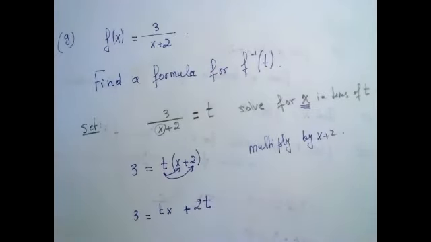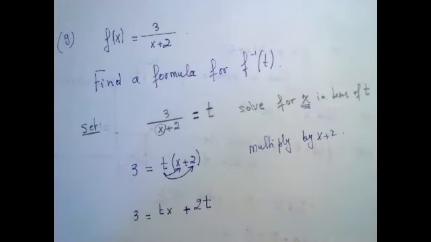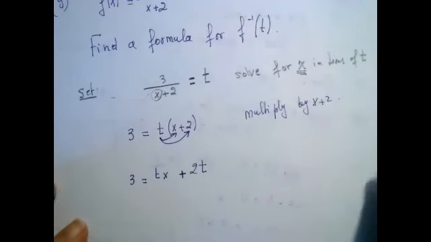And the goal is to be able to isolate my x. It's going to give me tx, t multiplied by x, because x represents a number and t represents a number. So tx means t multiplied by x. That's what it really means. Okay, now how can I isolate my x again? You could divide by t.